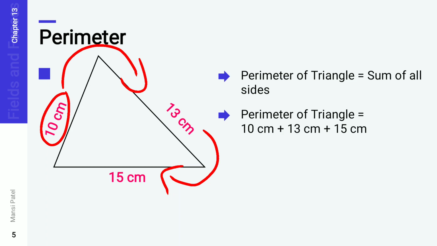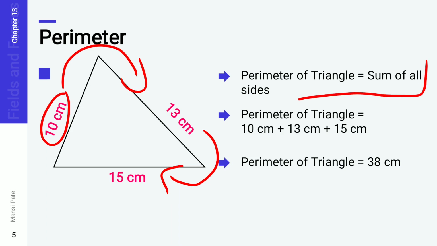That's why, here you have to do the addition of 10 plus 13, 23, and 23 plus 15. Do the addition. That is 38. 23 plus 15, 38 centimeter. This is your answer. So what is the perimeter of a triangle?